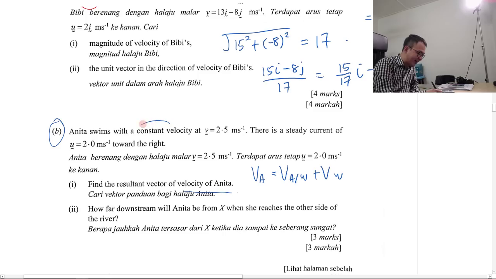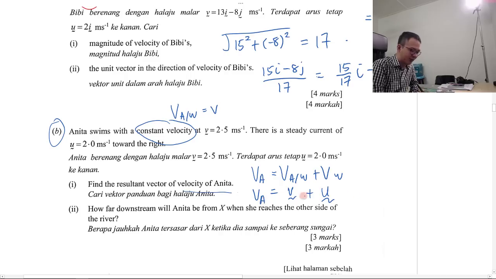I guess the constant velocity here, V, is the velocity of Anita relative to the water. So the resultant vector for Anita should be V plus U in this case.